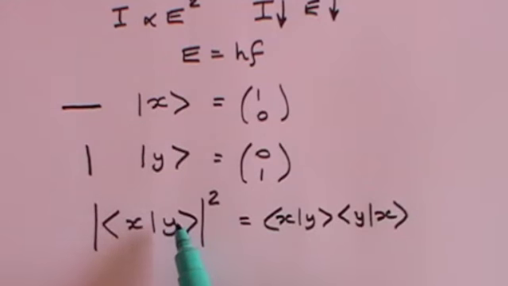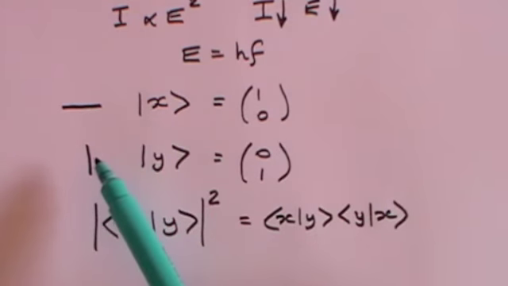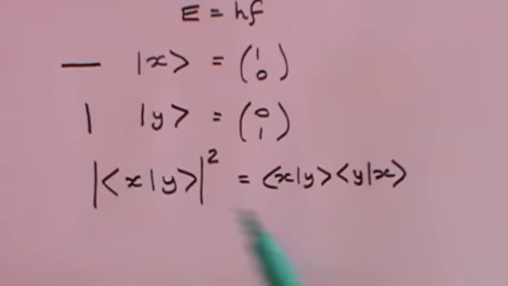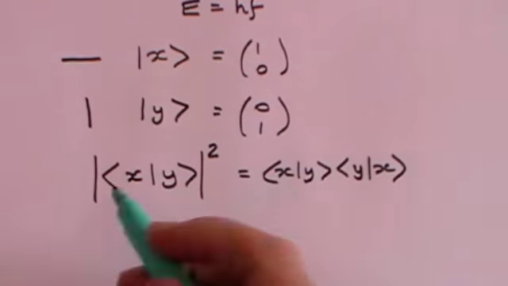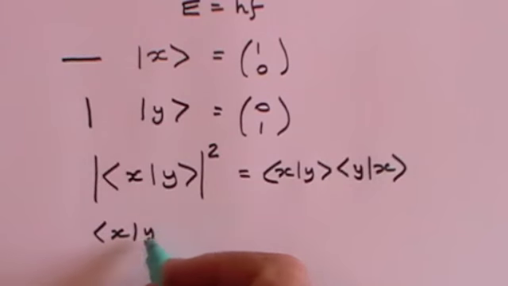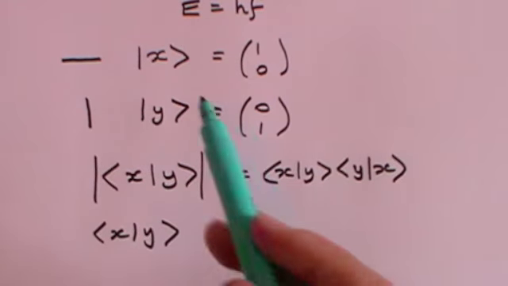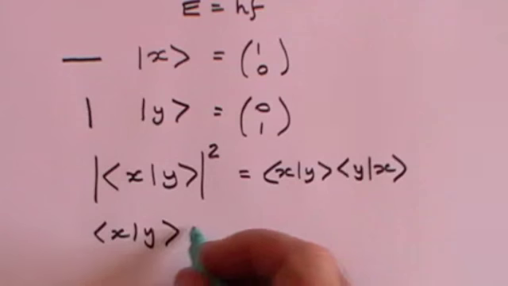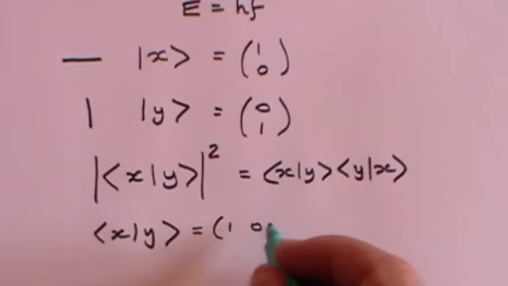As I've said, you prepare in y and you try and put it through x. And we know the answer must be 0 because there's no chance of a photon that is vertically polarized going through a horizontal polarizer. So let's see if that works. So how do you take x, inner product of x with y? Well, you take x and you make that a row vector, so that's 1, 0.